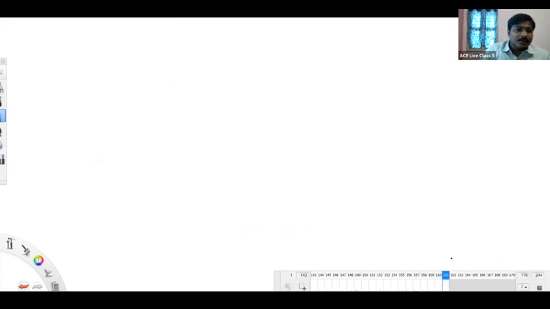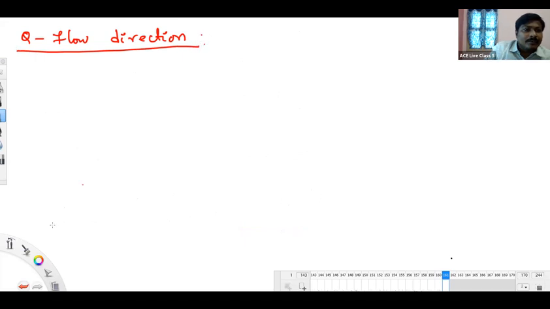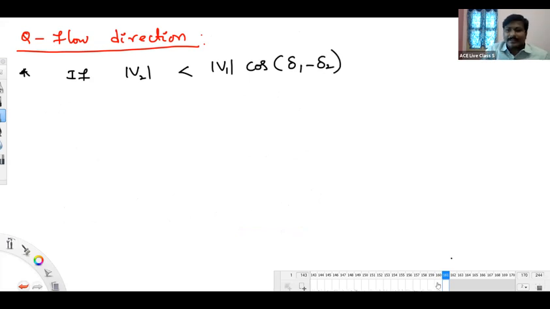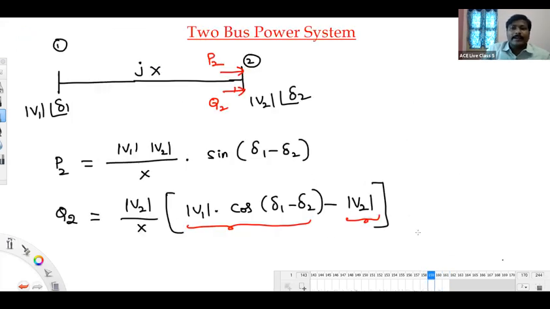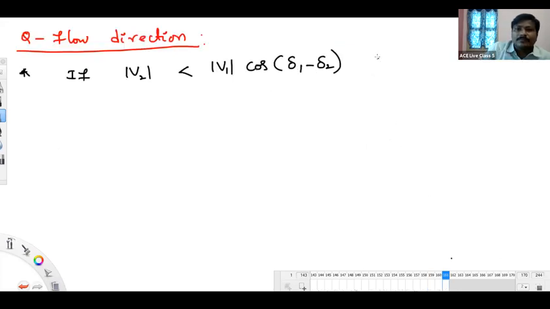So let's say the Q flow direction here. Reactive power flow direction. First statement: if mod V2 is less compared to V1 into cosine of delta 1 minus delta 2, then Q2 is positive.